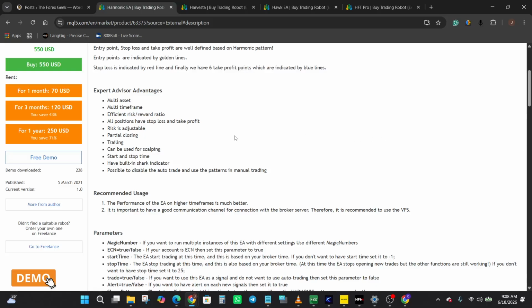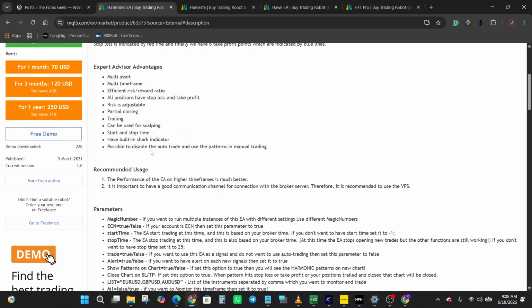Now, moving into the features section, Harmonic EA supports multiple assets and multiple time frames, which allows it to scan a wide range of markets simultaneously. Risk management is also highly customizable, with adjustable risk settings, automatic stop loss placement, take profit targets, partial position closing, and trailing stop functionality.